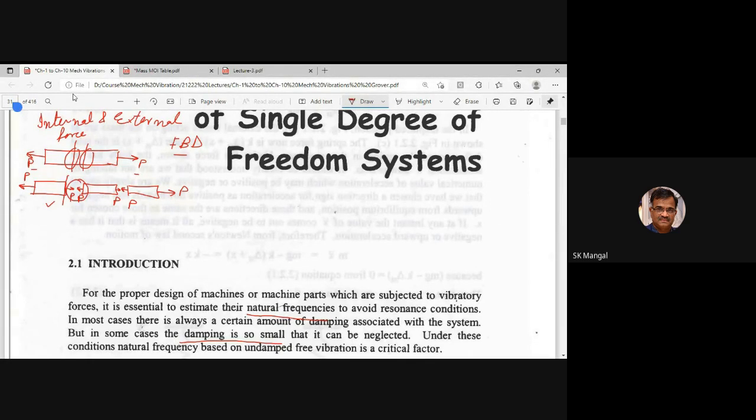So if the external force is tensile, it becomes compressive at the internal plane. This is the free body diagram of the system, and I will use this concept very frequently in this analysis.